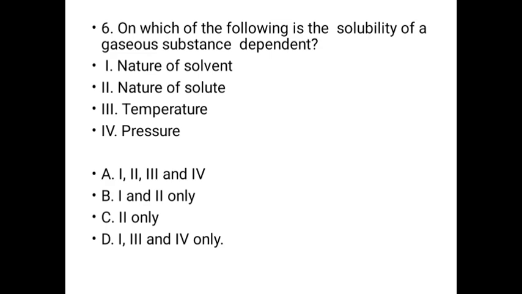Number 6. On which of the following is the solubility of a gaseous substance dependent? I. Nature of the solvent. II. Nature of the solute. III. Temperature. IV. Pressure. A. I, II, III and IV. B. I and II only. C. I only.